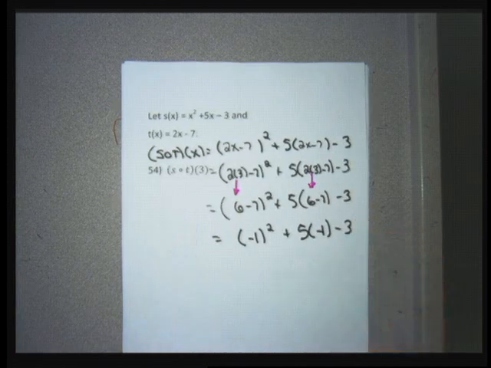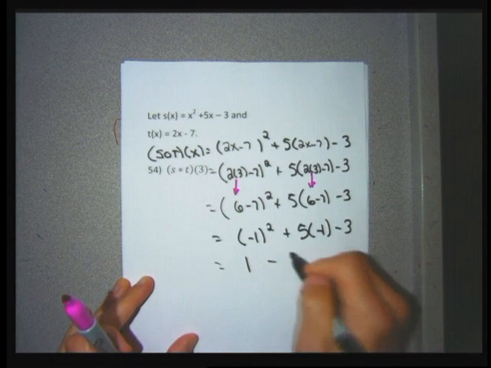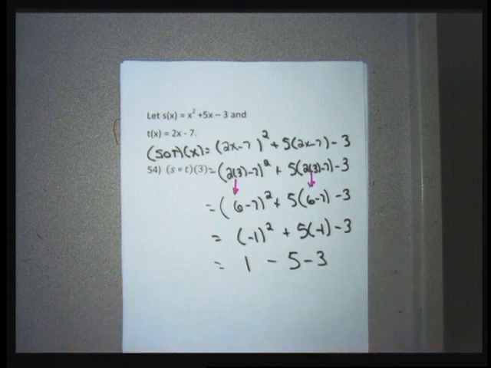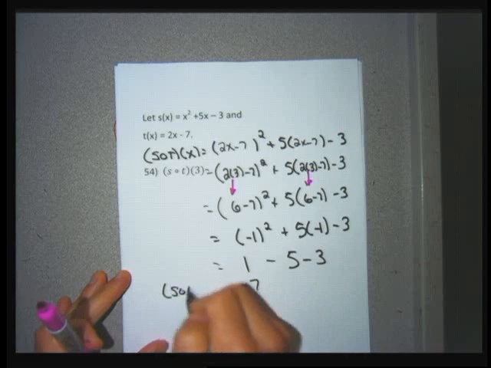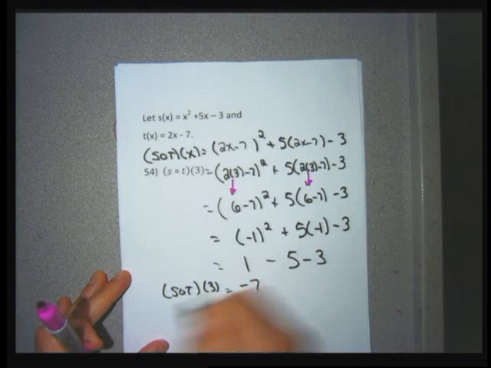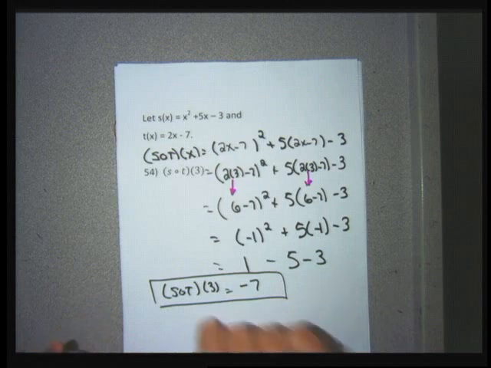So I get negative 1 quantity squared plus 5 times negative 1 minus 3. Negative 1 squared is positive 1. 5 times negative 1, I'm going to write a negative 5. So I get 1 minus 5 minus 3, and I think that comes out to negative 7. And again, I'm going to write the problem next to the answer and get s composed with t of 3 equals negative 7.